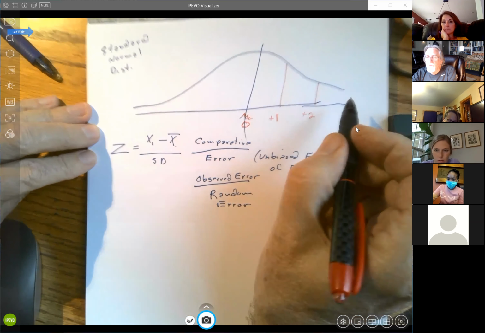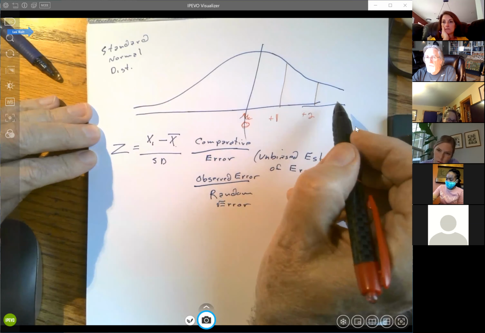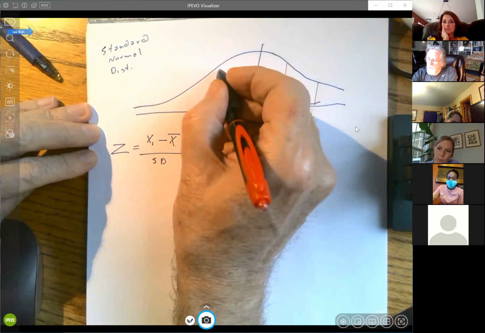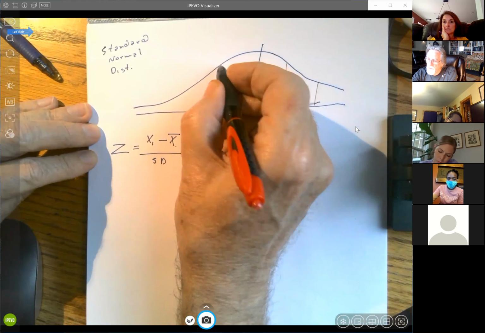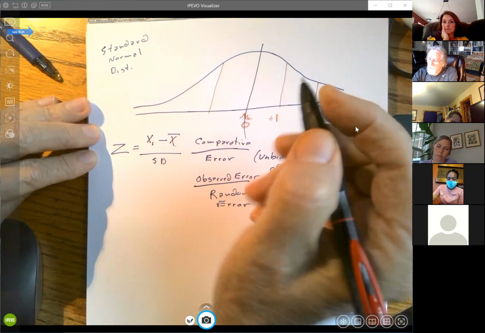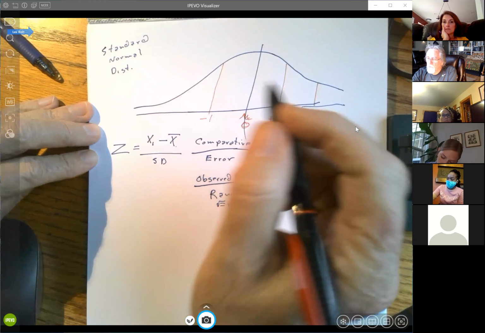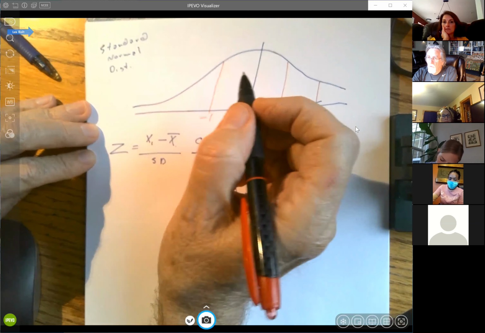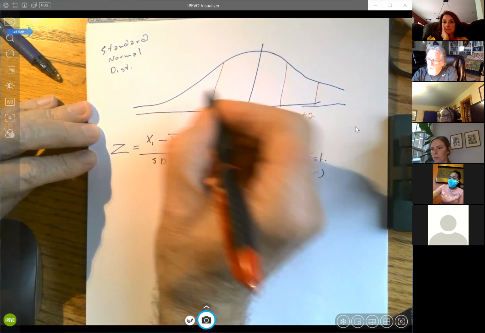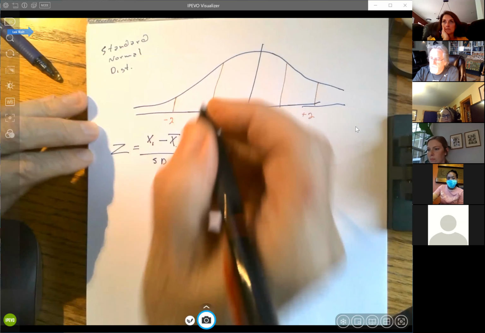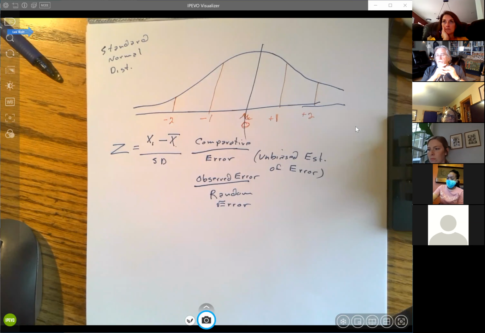And by the time we get to +3, the two lines are almost together. Well, this is a symmetrical distribution. So if we come down 1 standard deviation unit, that's a z-score of -1, or 1 standard deviation unit down. And if we come down 2, that's a z-score of -2, or 2 standard deviation units down.